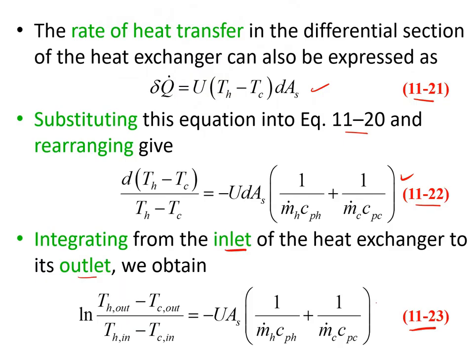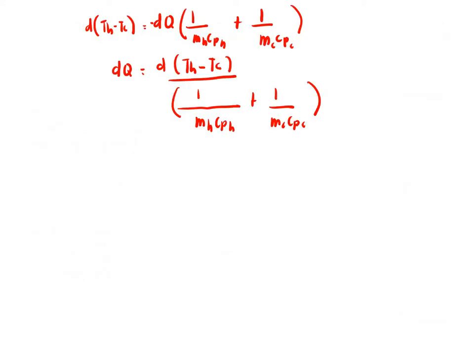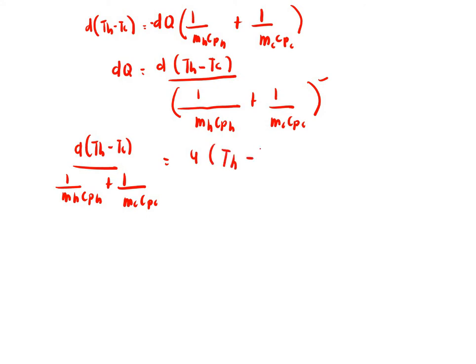So from 11.20, we substitute this into 11.21, which is TH minus TC over 1 over MH CPH plus 1 over MC CPC is equal to U times TH minus TC del AS.